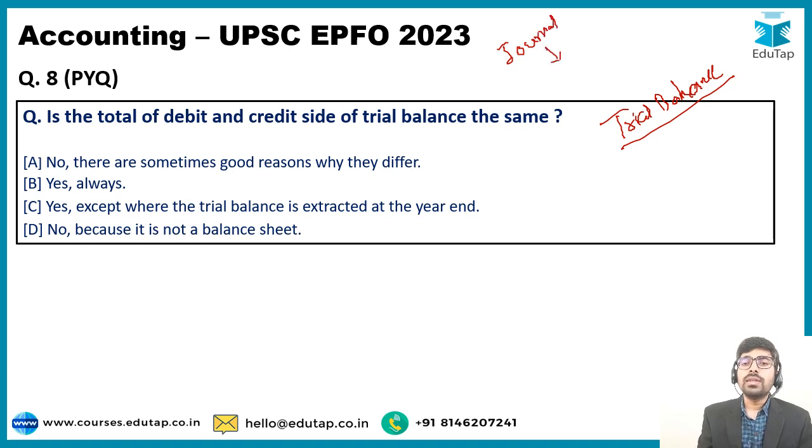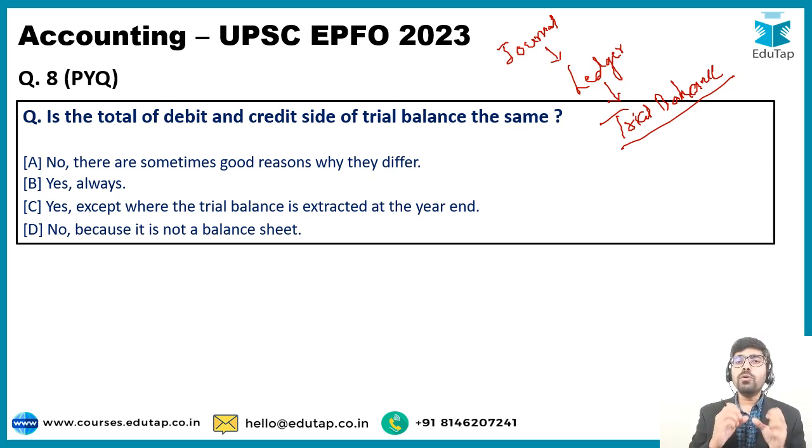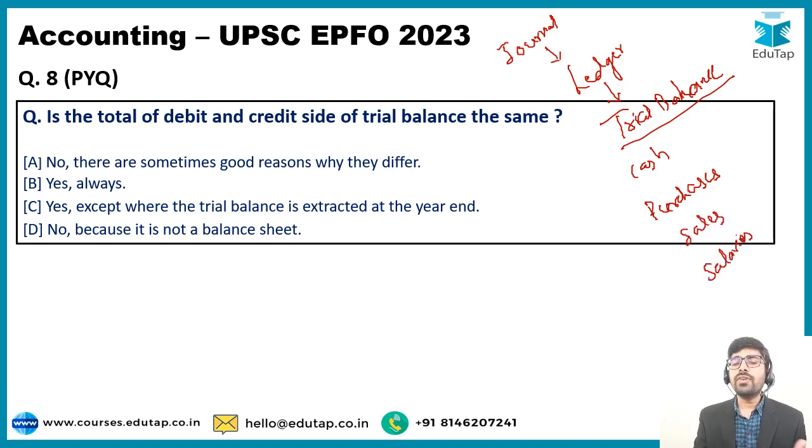From the journal, the transactions they are posted to their respective ledger accounts, and at the end of the year, all the balances of the ledger accounts they are taken to the trial balance. तो ड्यूरिंग द ईयर हमने जो भी काम किया, जो भी ट्रांजेक्शंस किए, हम उनको उनके जो भी बैलेंसेस बच रहे थे एट द एंड ऑफ द ईयर. सो लेट्स सपोज कैश का कुछ बैलेंस बच रहा था हमारे पास. इसके अलावा हमने ड्यूरिंग द ईयर कुछ परचेसेस किए, हमने सेल्स किया, हमने कोई सैलरीज पे किया. सो वट एवर वी हैव डन ड्यूरिंग द ईयर, सो टोटल ऑफ ऑल दोज अकाउंट्स, the balance which is appearing in all those accounts, they are going to be taken to the trial balance.